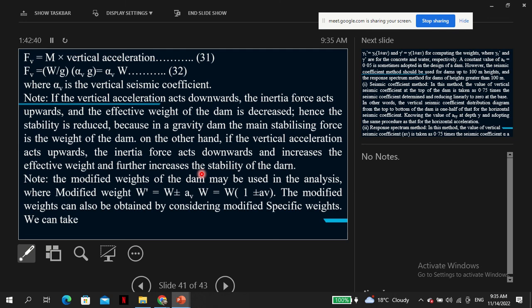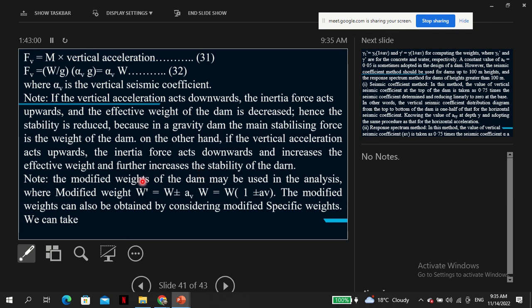The self weight of the dam is acting downwards, while the inertia from the earthquake is putting it upwards, just like the uplift force. That means the effective weight of the dam is reduced, and therefore the dam might bounce around and cause problems.